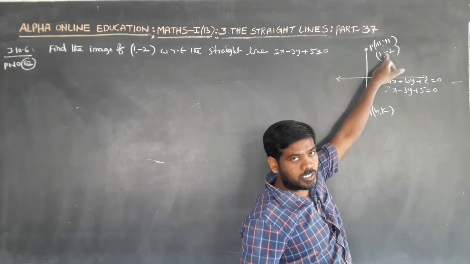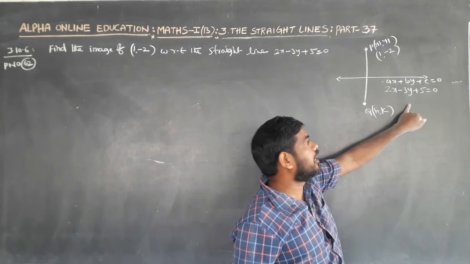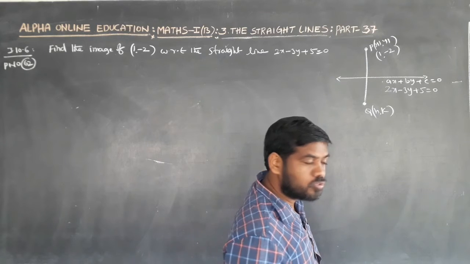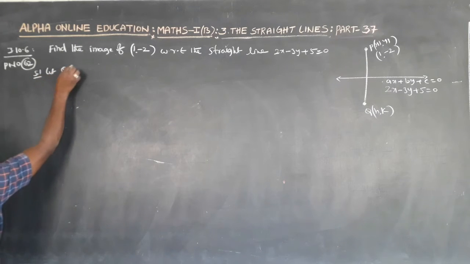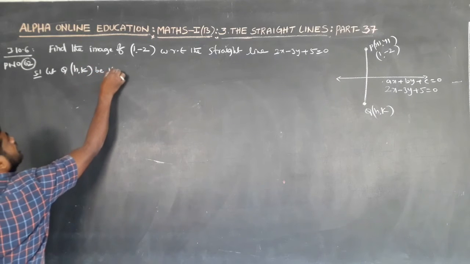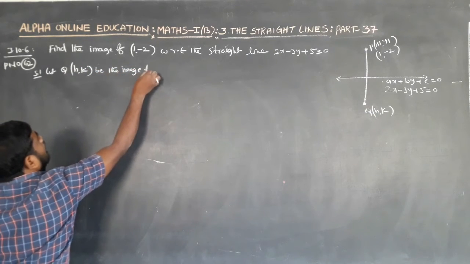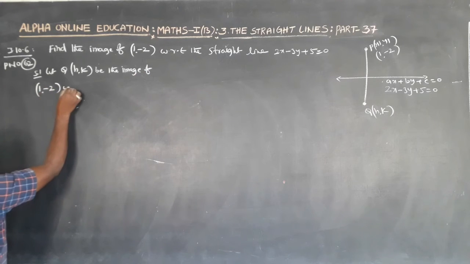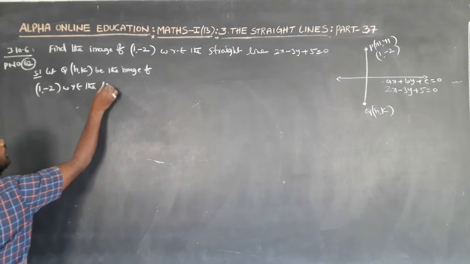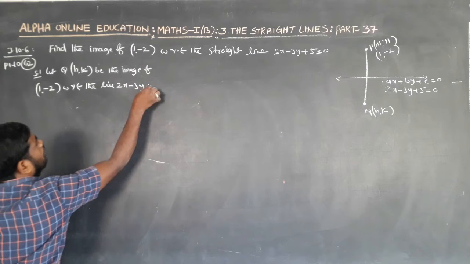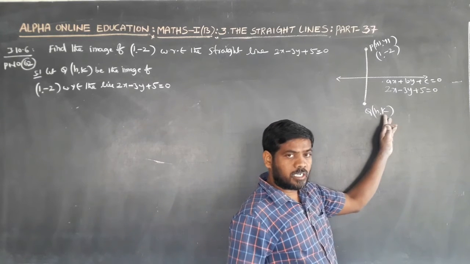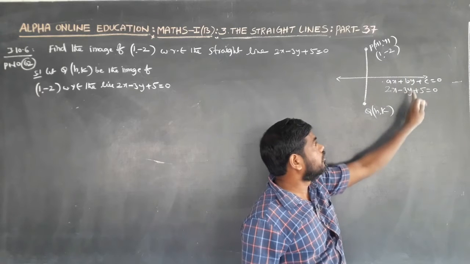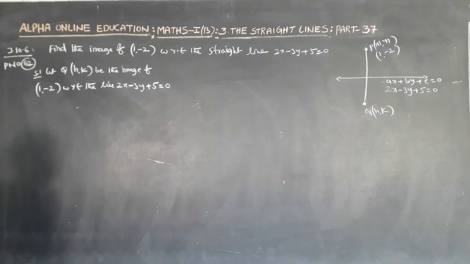Let Q(h, k) be the image of (1, minus 2) with respect to the line 2x minus 3y plus 5 is equal to 0, by using the image theorem.